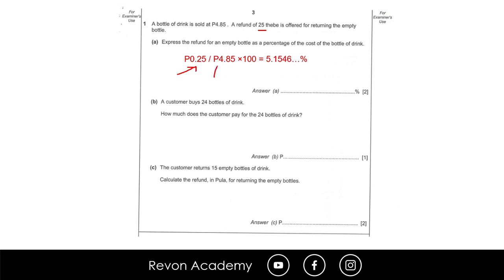And then this is the cost of the bottle, so you divide the refund by the cost of the bottle and then multiply by 100. In multiplying by 100, you will get 5.15, and as you always know, you have to express your answers in 3 significant figures.